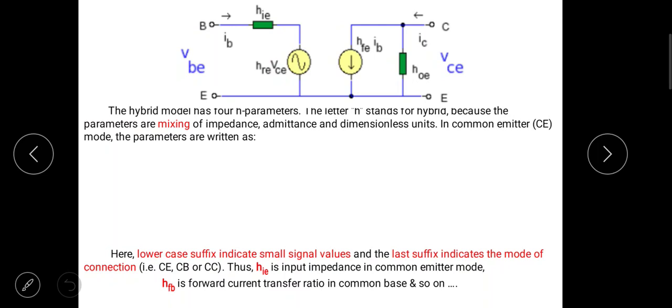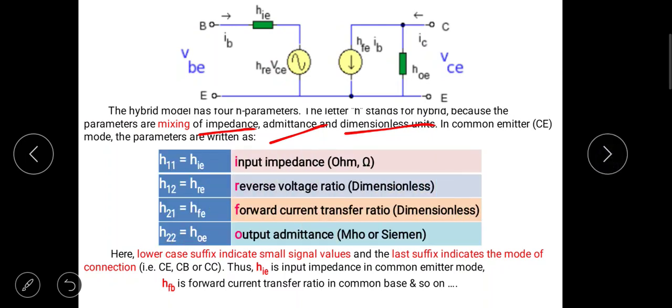The first has the unit of impedance. The second parameter has the unit of admittance, and the remaining two parameters are dimensionless or unitless. Due to this variety of parameters and units, they are called hybrid parameters.